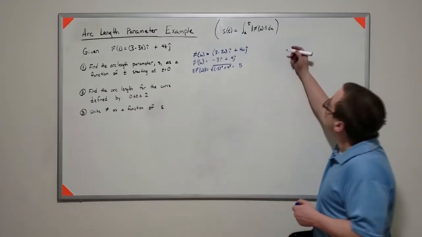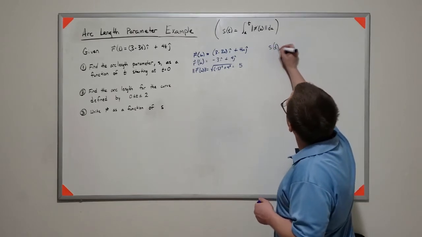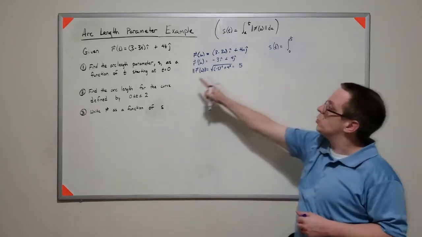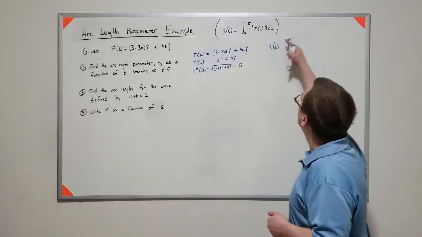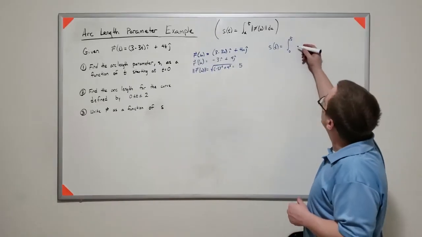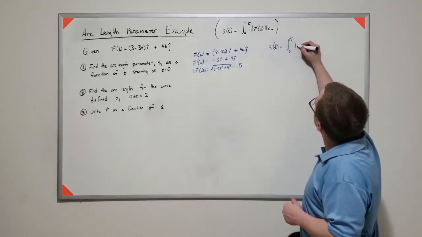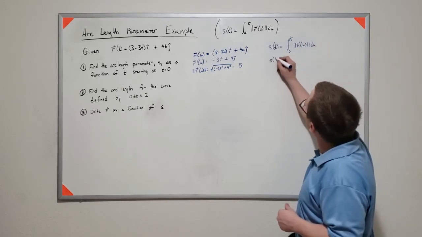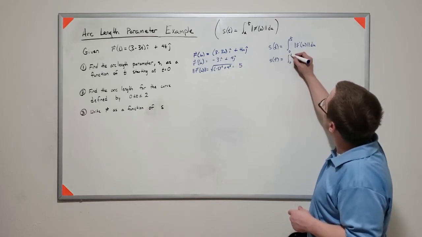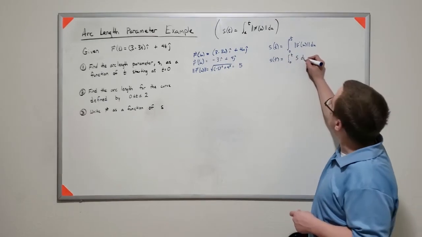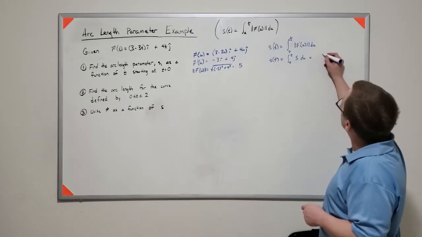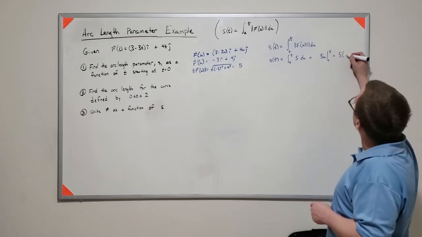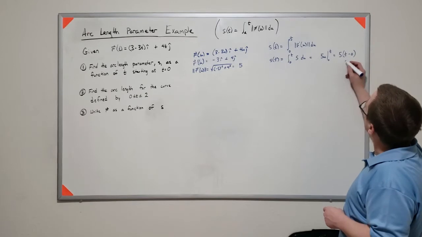So if we come over here and we want to find s of t, that's the integral from 0 to t, because we're starting at the value t equals 0 and we're moving to some arbitrary time. The integral of the magnitude of r prime of u du, so s of t is the integral from 0 to t of 5 du, which is 5u from 0 to t, which is 5t minus 0.